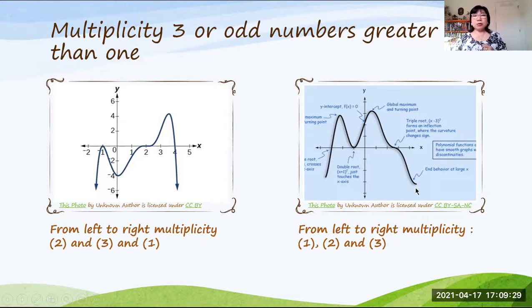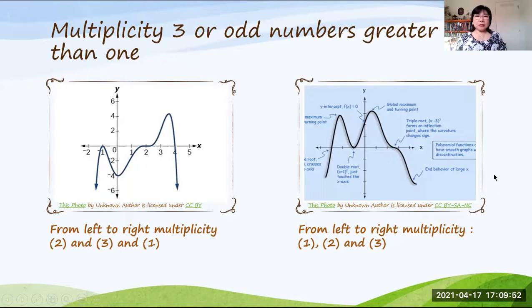So this polynomial function has a degree of 6, which is even, and that's why the graph goes downward both at the start and at the ending. So this graph has an x to the power 6 degree.